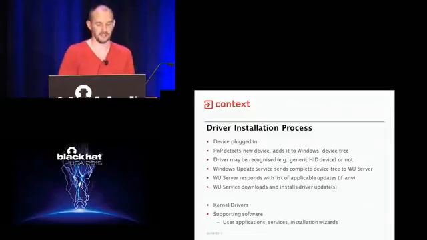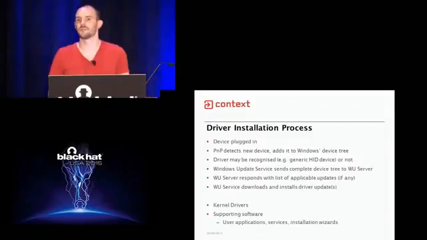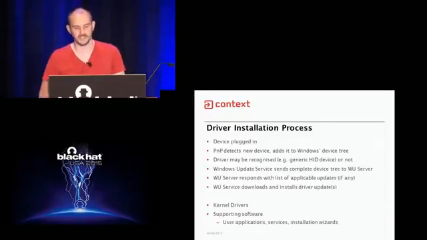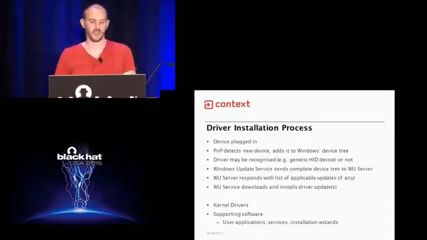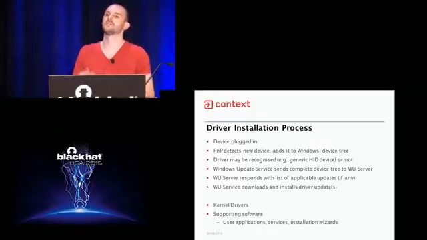Where the device isn't recognized, the update service will send the entire device tree up to Windows Update, so that's every single device installed on the system. Windows Update then responds with a list of available packages, downloads and drivers, and the update service will pick the most relevant, download that, and begin installation.